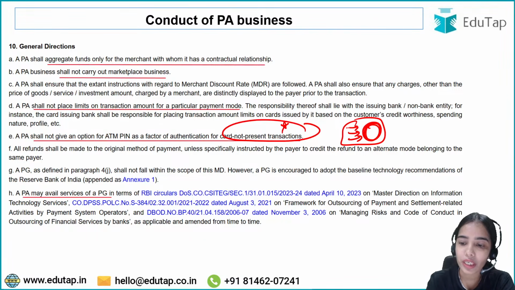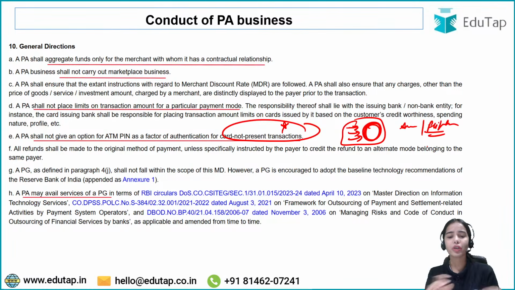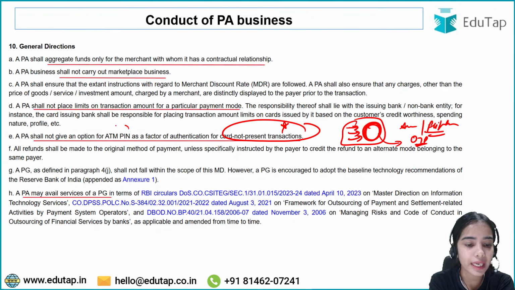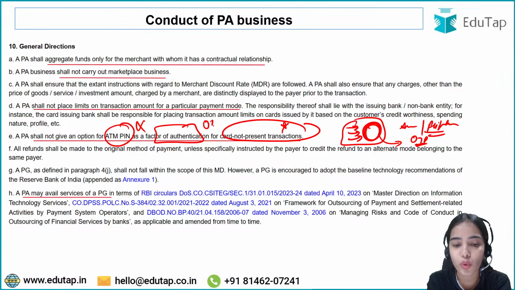So you are putting in the card details in Amazon or Flipkart. Usually after the transaction is initiated, the OTP is sent. So it is said that the ATM pin should not be used as the factor of authentication. Rather use the OTP, or you can use other methods of authentication. You cannot use ATM pin for authentication for card not present transactions.